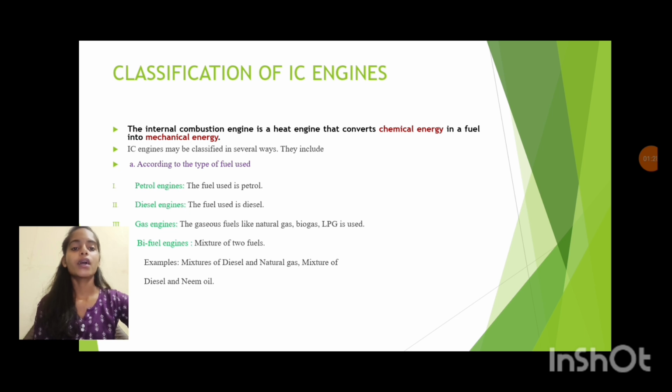According to the type of fuel used: petrol engine, the fuel used is petrol; diesel engine, the fuel used is diesel; gas engine, gaseous fuels like natural gas, biogas, LPG are used; biofuel engine, a mixture of two fuels, for example a mixture of diesel and natural gas, or diesel and neem oil.